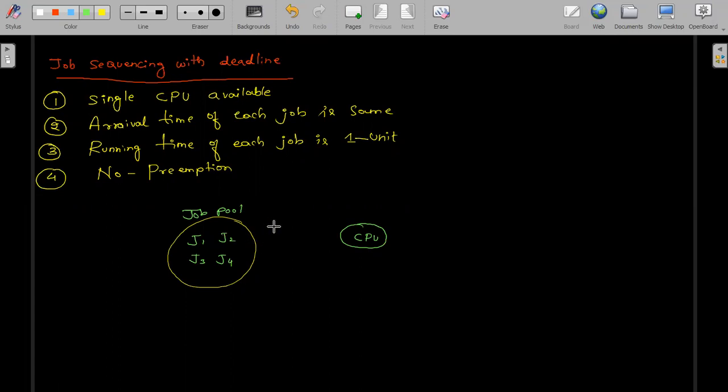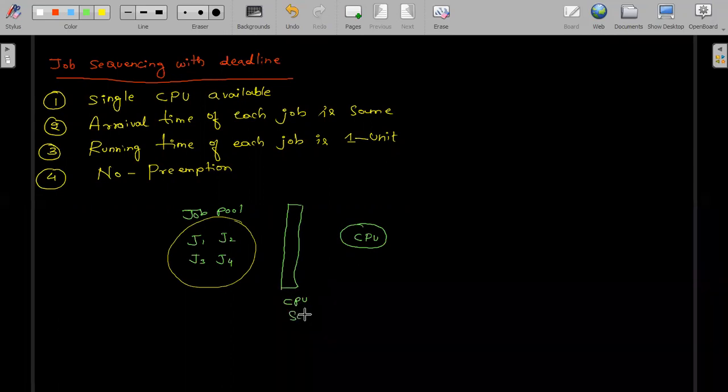See here what happens for that. What we're going to do is keep one scheduler here, one scheduler. That is called the CPU scheduler. So basically, what is the CPU scheduler?